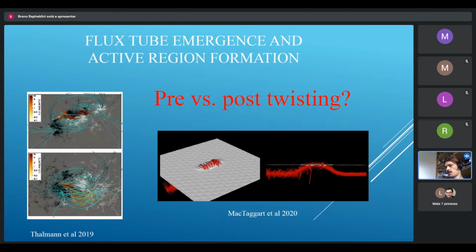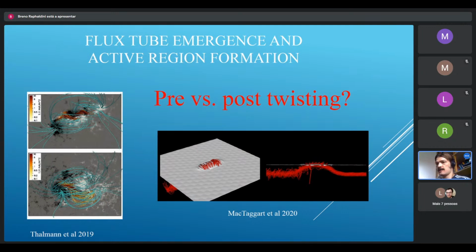Here I show one example of recent work from us, in which we use the magnetic winding to distinguish between theoretical models of the emergence of magnetic fields through the photosphere.